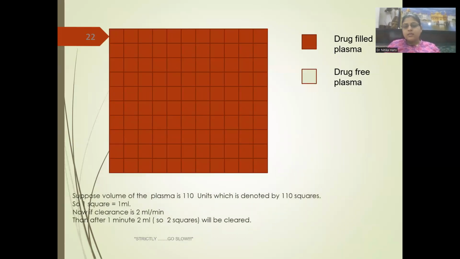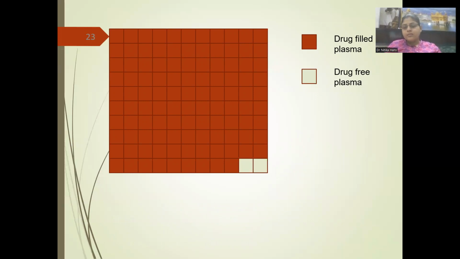See like this. Suppose the plasma is 110 units, these are the 110 squares, and 1 square is 1 ml. Now if clearance is 2 milliliter per minute, then after 1 minute, 2 milliliter will be cleared like this. After another 1 minute, again 2 milliliter will be cleared, and so on.